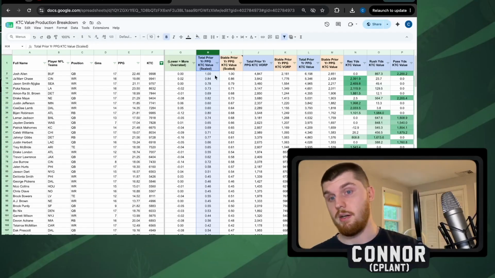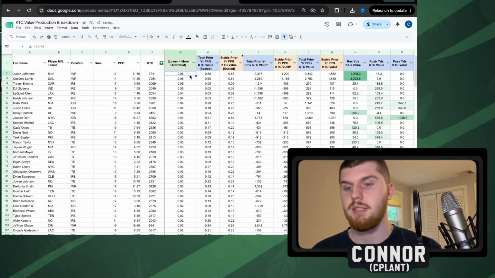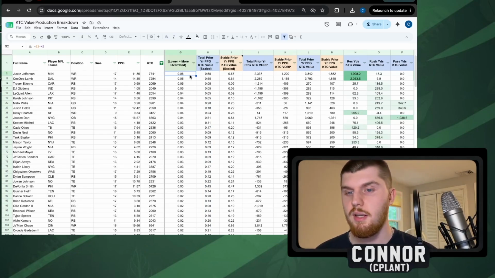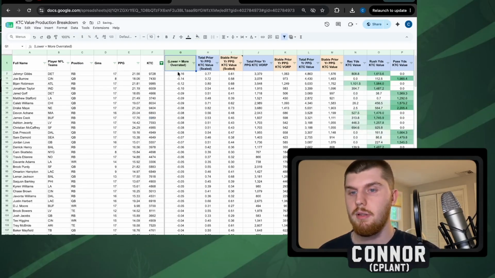So if we sort this, we basically have a list of players that are undervalued based off of stable value, where they're higher in stable value than they are in the total production value. And then players that are overvalued, which is they're lower in the stable value, higher in the total points per game.